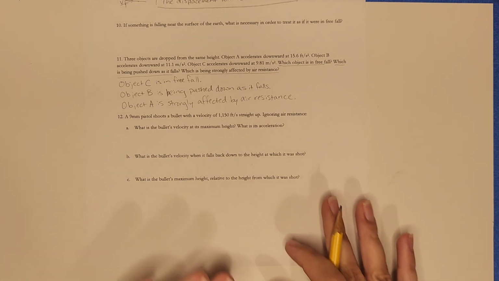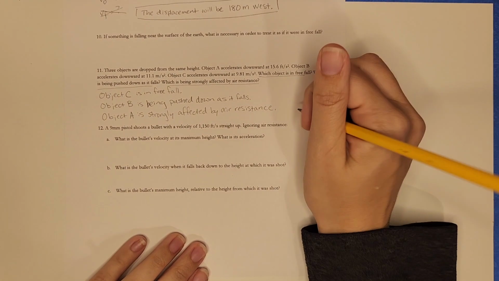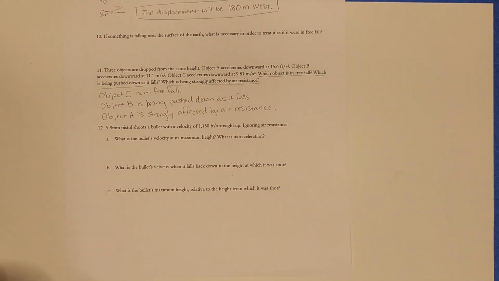Question 12. A 9 millimeter pistol shoots a bullet with a velocity of 1,150 feet per second straight up. Ignore air resistance. Part A asks us, what is the bullet's velocity at its maximum height? What is its acceleration? So let's write out what we know first.